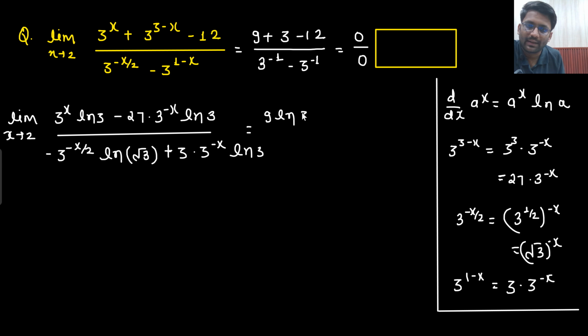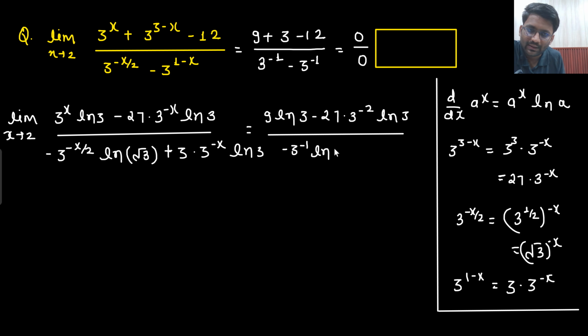So this will become 9 ln 3 minus 27 into 3 to the power minus 2 ln 3, divided by minus 3 to the power minus 1 ln under root 3 plus 3 into 3 to the power minus 2 ln 3, right?